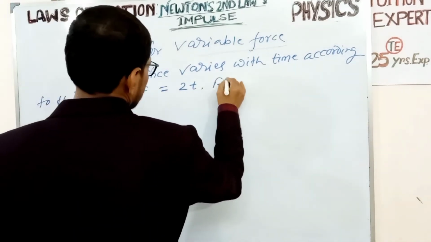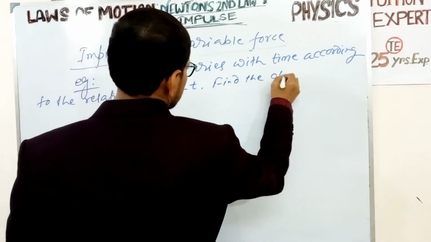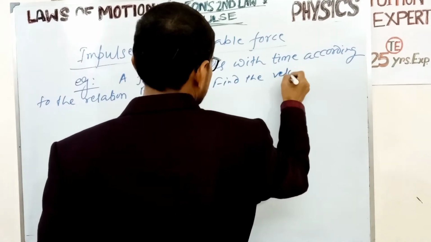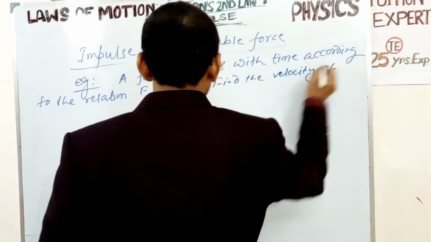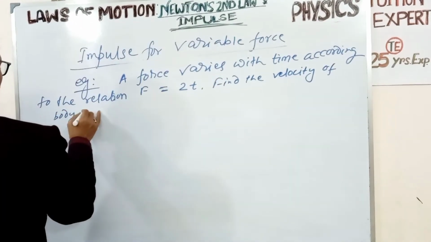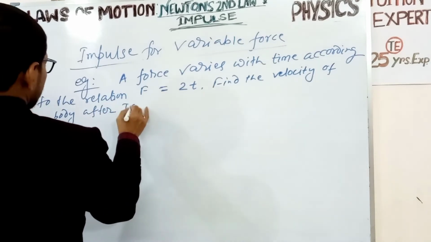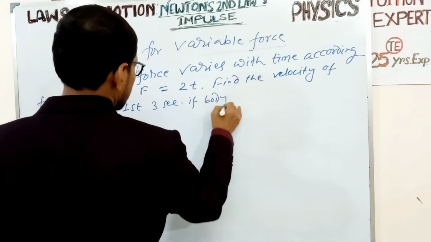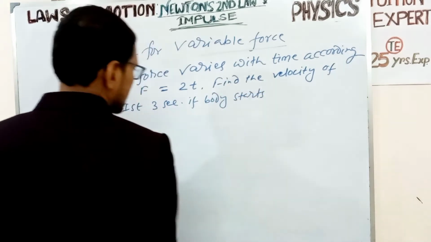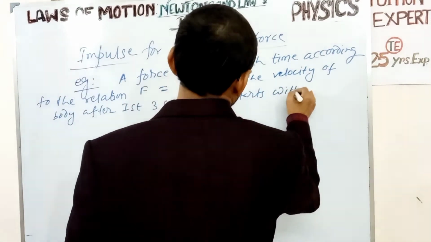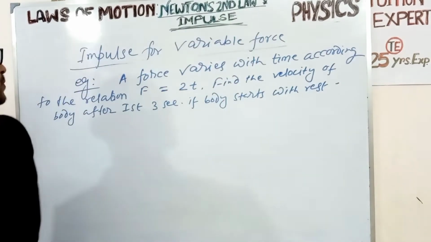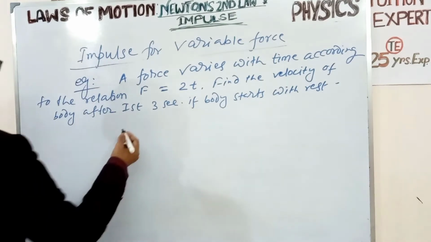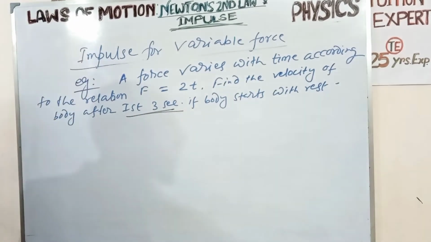Find the velocity of the body after the first 3 seconds if the body starts from rest. This is the question. If force varies with time according to this relation, find the velocity of the body after the first 3 seconds, if the body starts from rest.